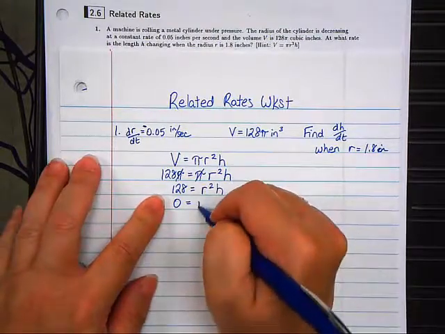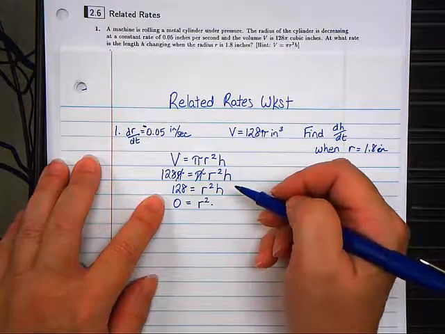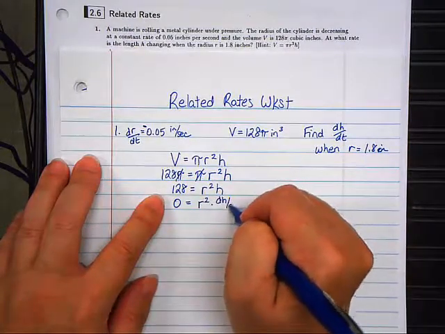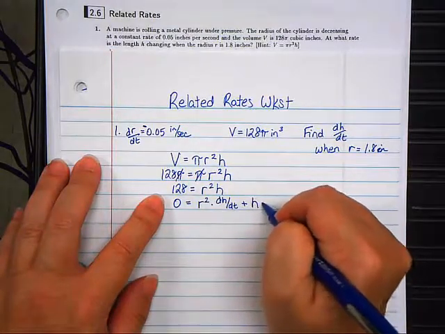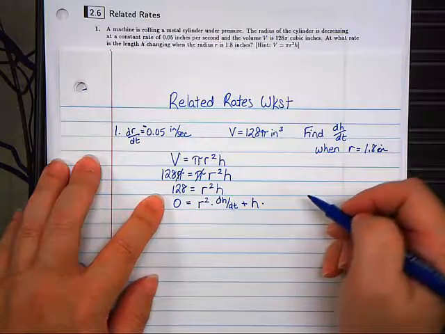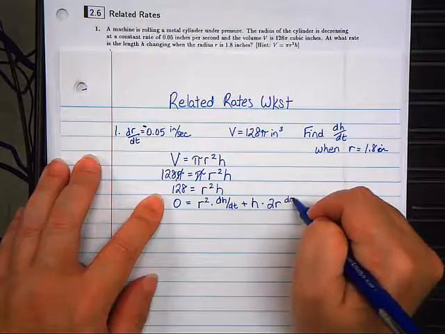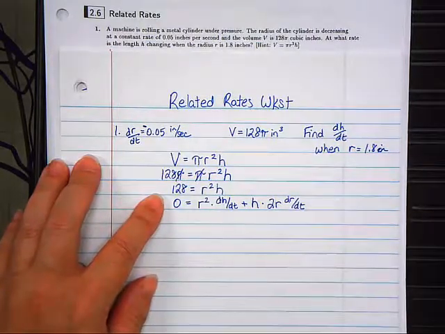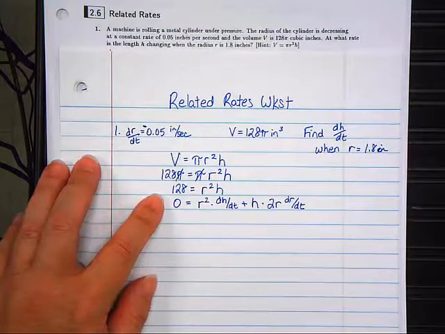Copy 1, r squared, times d2, dh dt, plus copy 2, h, times d1. The derivative of r squared is 2r dr dt. Is everybody understanding what I just did? 1D2, 2D1. Now let's start plugging stuff in.